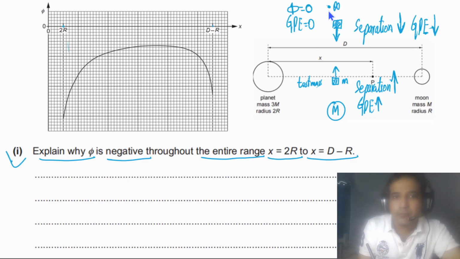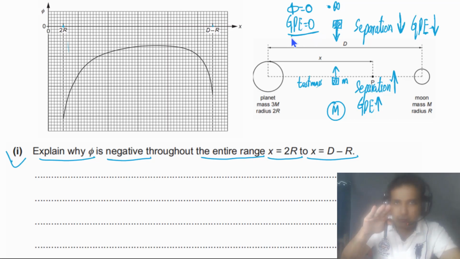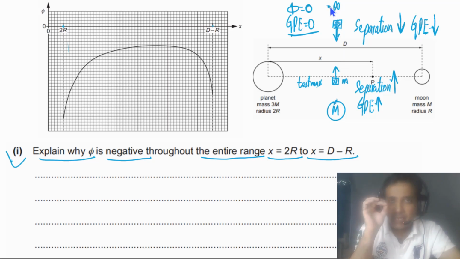At infinity we have GPE equal to 0, and as the object moves down, GPE is decreasing. As GPE is decreasing from 0, it has to be negative. Anywhere from this point to this point, GPE has to be negative. So that's the reason GPE is always negative.